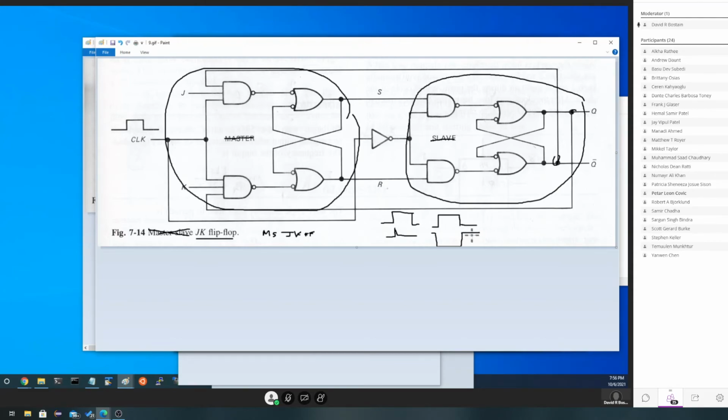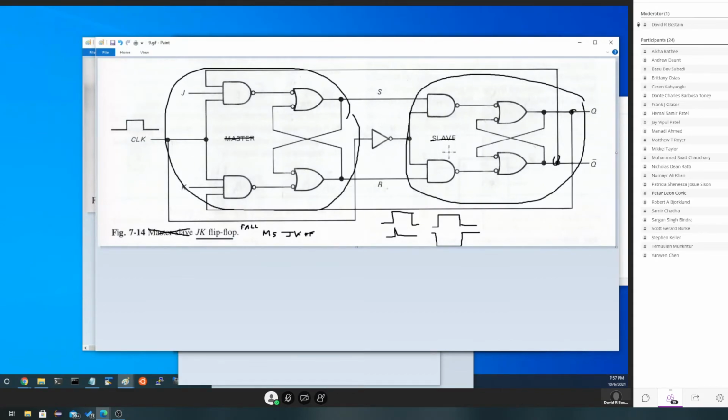And during this point here, if S and R were to change, they would go to Q. So in fact, if we look at the primary clock, the actual flip-flop is low going. So this would actually latch the data on the falling clock. Even though, talking about it, what we would see is the falling clock here causing a rising clock in the second stage.